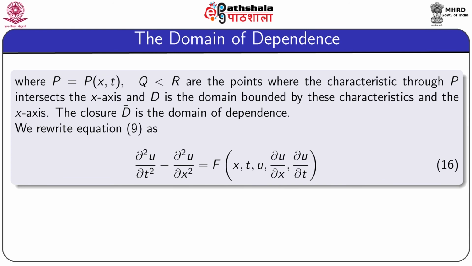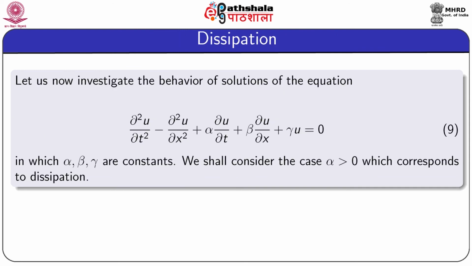Now, we are interested in finding the domain of dependence of equation 9. So, this is our equation 9. If we compare this equation with the inhomogeneous wave equation, we need to take the terms alpha del u del t plus beta del u del x plus gamma u to the right hand side of this equation.